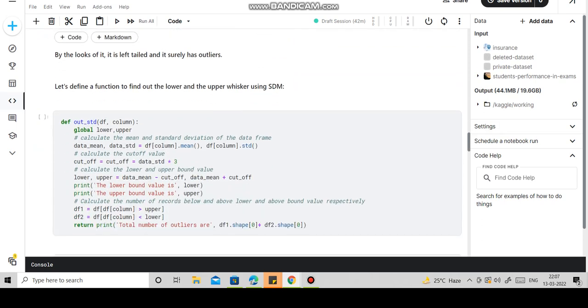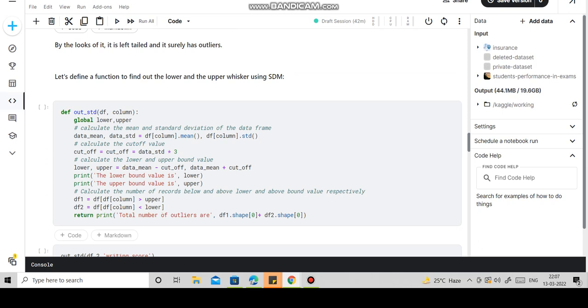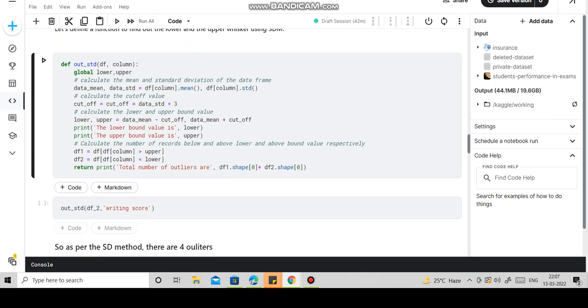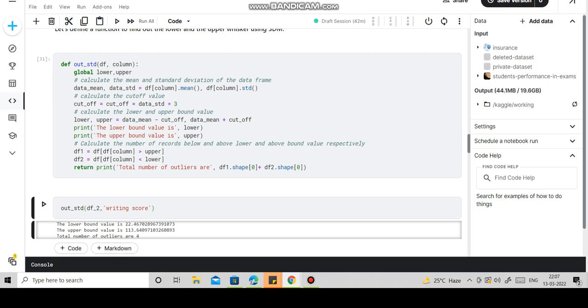How to find them? Any point which is beyond the third standard deviation will be considered to be an outlier. So according to this analysis, there are 4 outliers using the standard deviation method. What did we do?